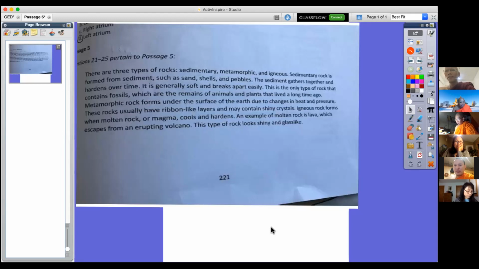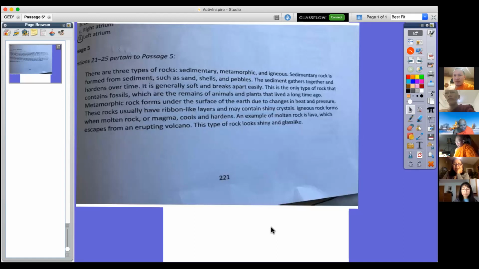There are three kinds of rocks. Sedimentary. Metamorphic. Very good. And igneous.